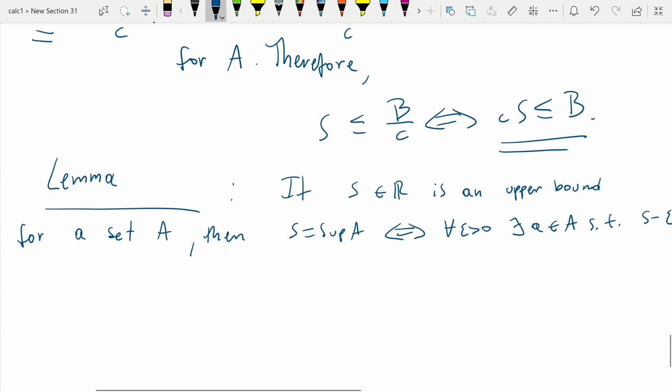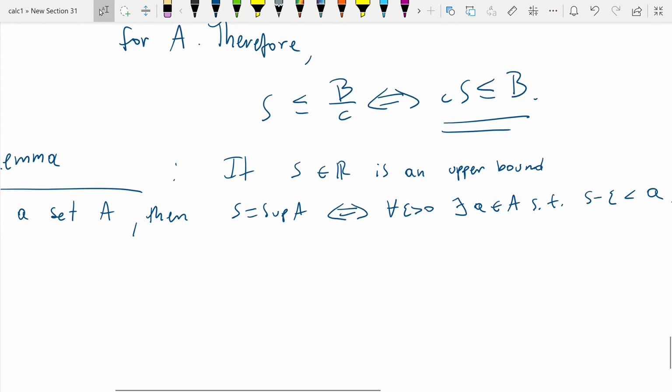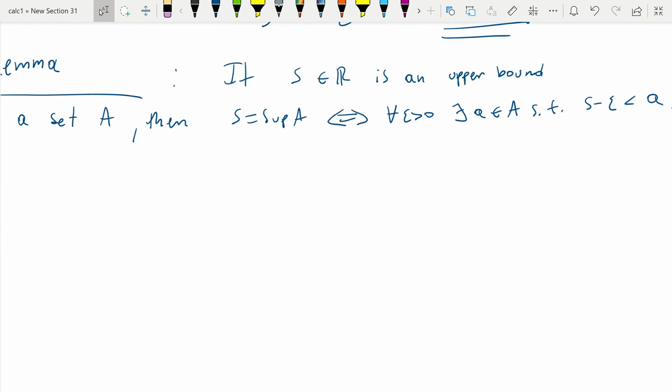It's already 21 minutes. But just visually, the idea is this. This is the way to think about it. You have a set, I'm going to draw it vertically.